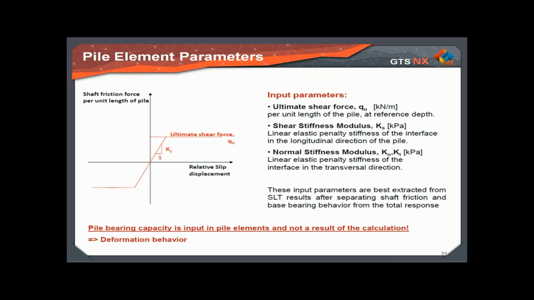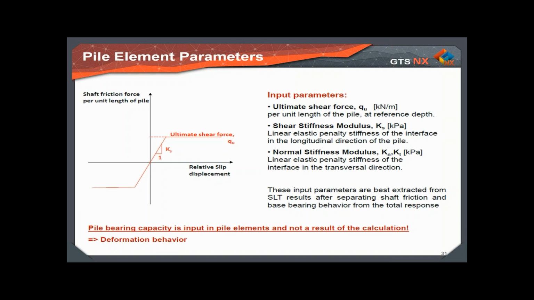We see this elastic part until we reach the ultimate shear force. The stiffness has to ensure that the interface doesn't cover the total behavior. So you should get your elastic behavior more from the surrounding soil until you reach the ultimate shear force that you have specified.